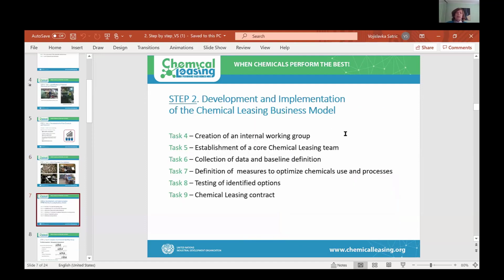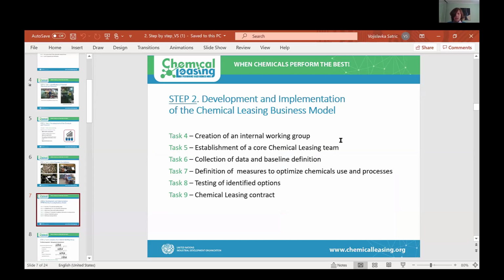After that, we have the process, we have the unit of payment. Now we should create an internal working group, establish a core chemical leasing team, collect data, and define the baseline.